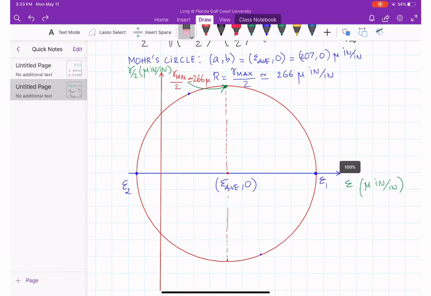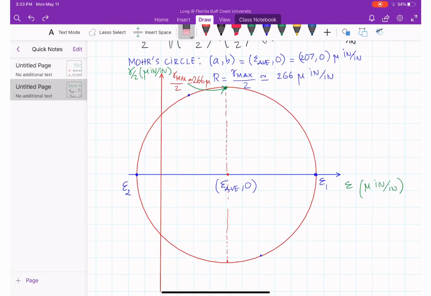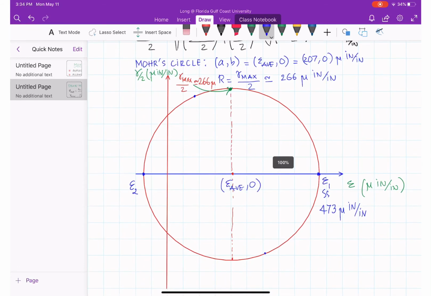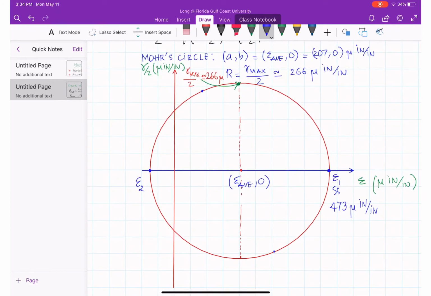So it means 207 plus 266, so epsilon 1 is about 473 micro inch over inch. And epsilon 2 equals epsilon average minus the radius, 207 minus 266, so epsilon 2 is around minus 59 micro inch over inch.